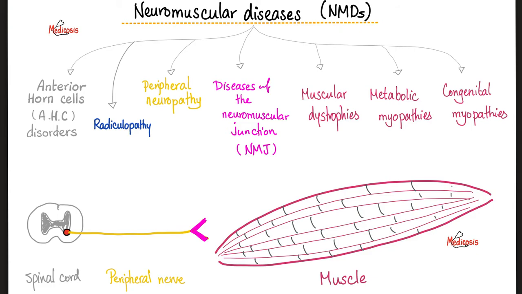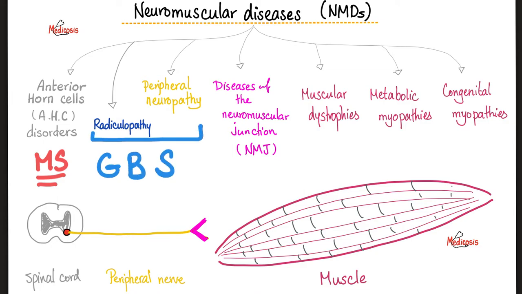Let's organize our thoughts. Neuromuscular diseases, or diseases of nerves and muscles, include diseases that can affect the spinal cord itself or the brain, and multiple sclerosis will be here. Poliomyelitis is here. Spinal muscular atrophy is also here. How about radiculopathy? It means pathology in the nerve root as it exits the spinal cord. How about a problem in the peripheral nerve? It's called peripheral neuropathy. And if you remember, Guillain-Barré syndrome is a radiculoneuropathy, so it affects the nerve root and the peripheral nerve.